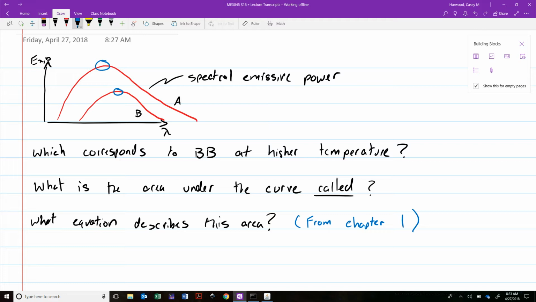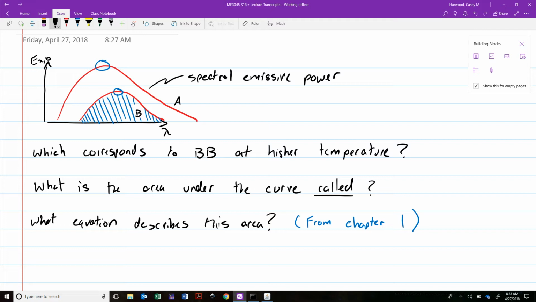What do we call the area underneath this curve? So if this curve is the spectral emissive power, let's say we, anyone recall this little vocabulary quiz? Let's give you 3 choices.